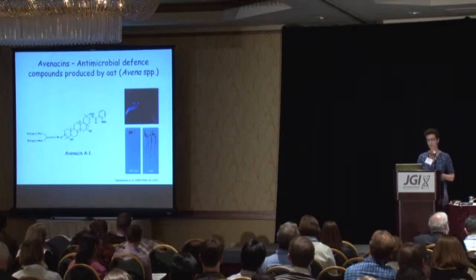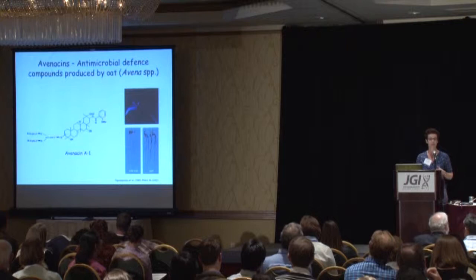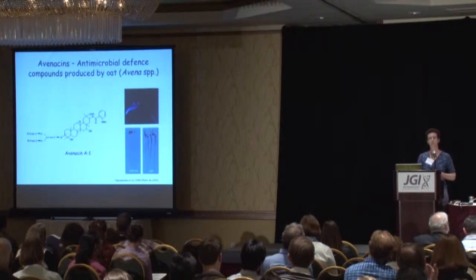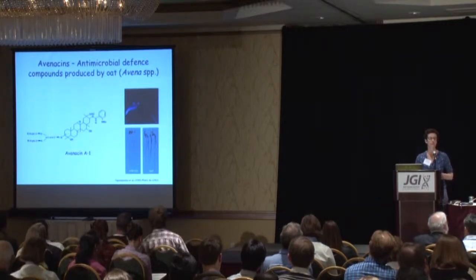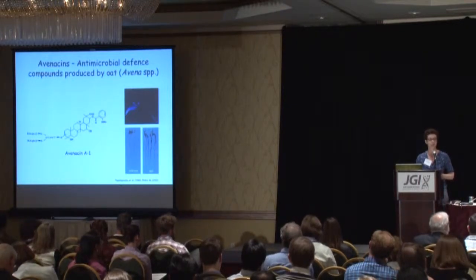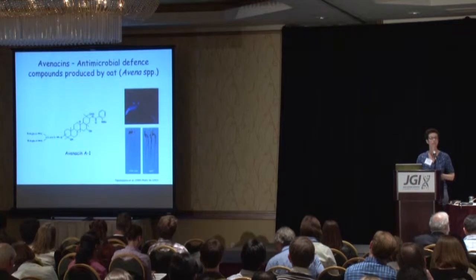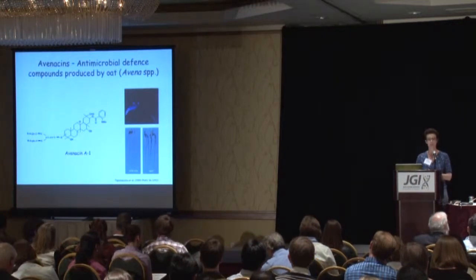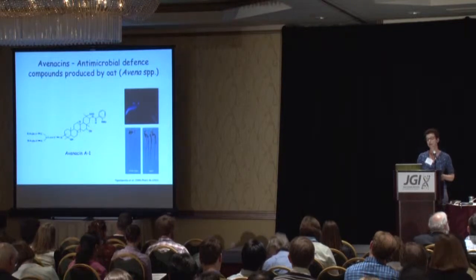And so we set about simply to test this, because at the time, people were very focused on induced defense responses in plants, on phytoalexins, on mechanisms that were triggered in response to challenge. And these molecules just sit there, they're produced in the root as part of normal growth and development. They're antimicrobial, and I just wanted to know if they were doing anything important.